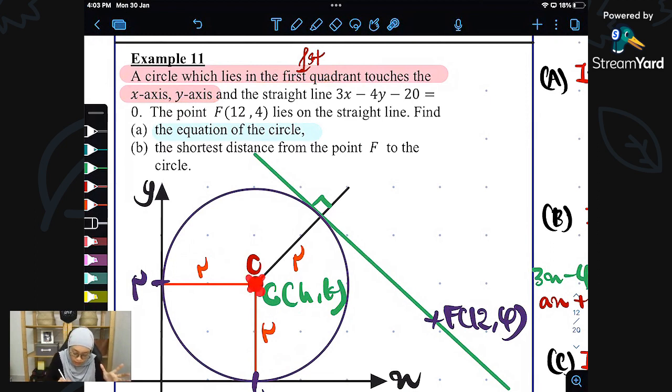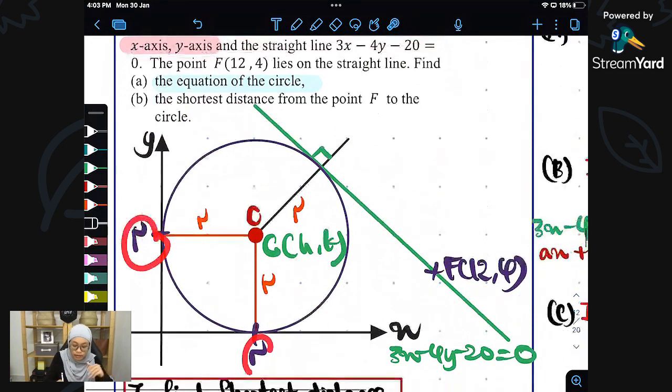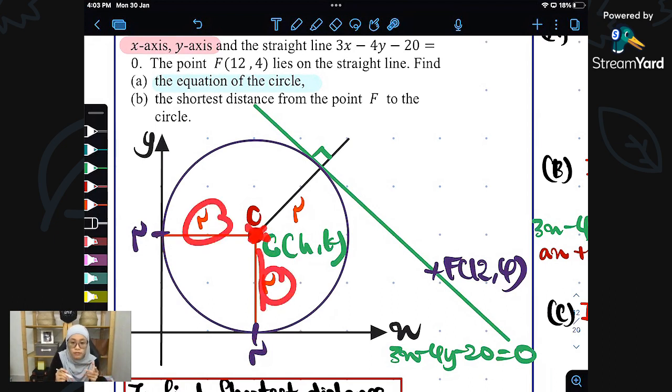Because of course, this is indeed its position on the x-axis and y-axis. That is the only coordinate we know: there is r, there is a radius there. So indirectly we know that this coordinate will give us the value of r. Indirectly, it means like that. I hope you do understand what I'm saying here.